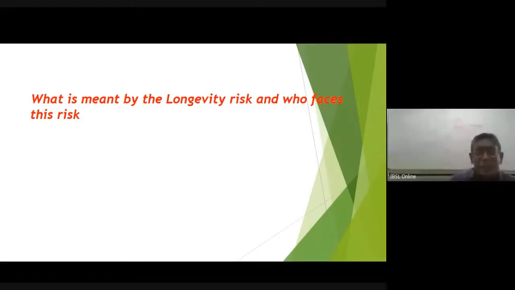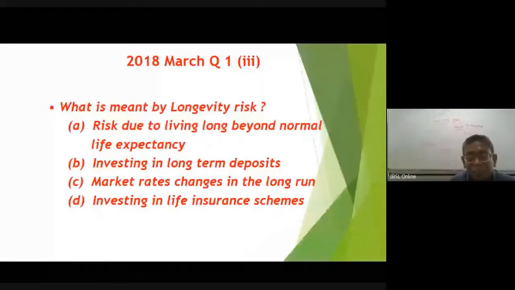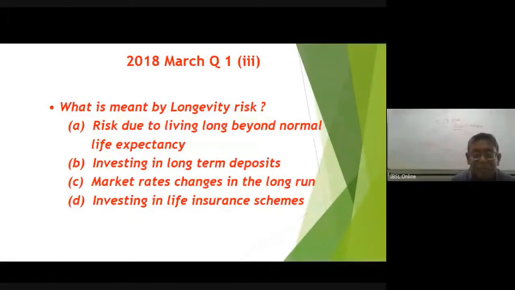Now try to answer the question. This appeared in 2018 March. What is meant by longevity risk? You can easily answer this question. If you have not written down the answer, you can write this one. What is meant by longevity risk?